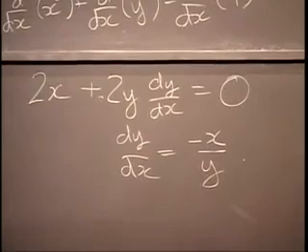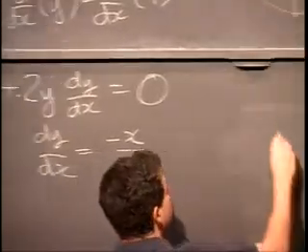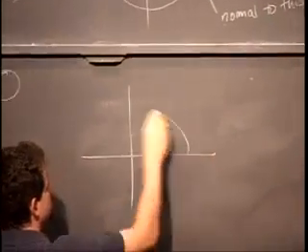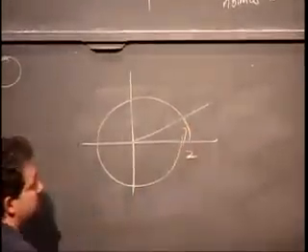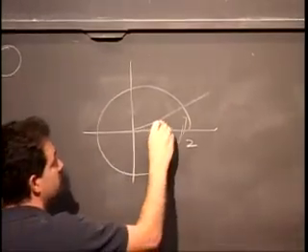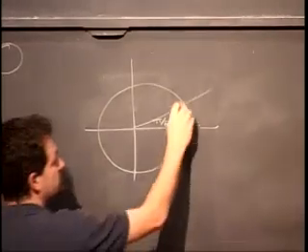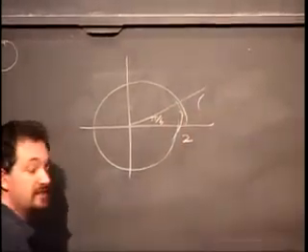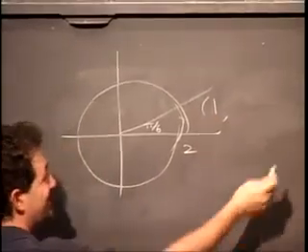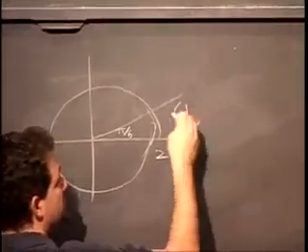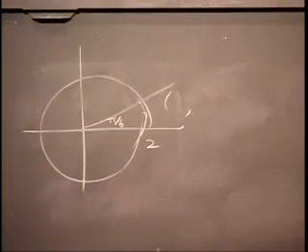Let's just look at a specific point. Suppose I pick the point with angle pi over 6. Actually, let's do the x-coordinate first. The x-coordinate is cosine pi over 6 times 2, which is root 3. And sine pi over 6 times 2 is the y-coordinate, which is just 1.